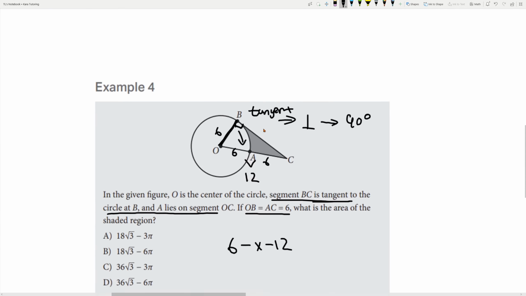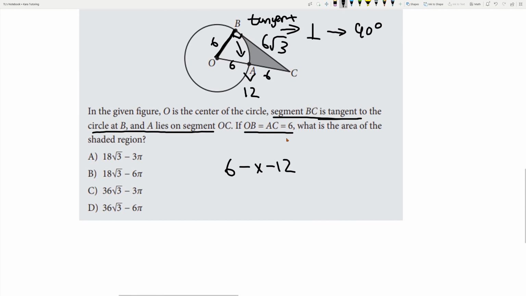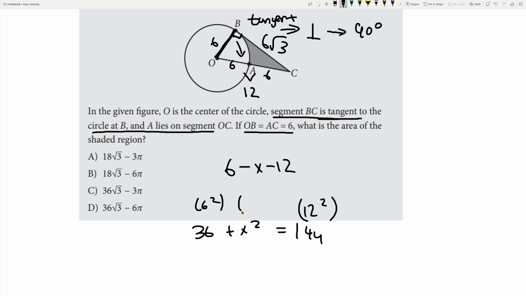Now let's say you didn't have access to the reference table, or you just forgot. The other way you could do it is the Pythagorean theorem. 144, which is 12 squared, is equal to 36, 6 squared, plus x squared.